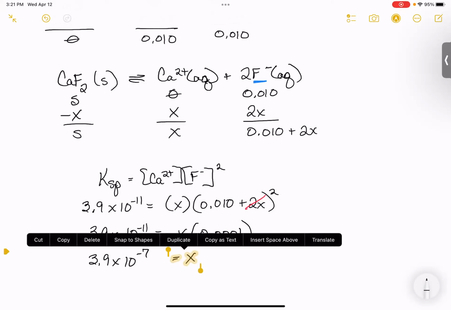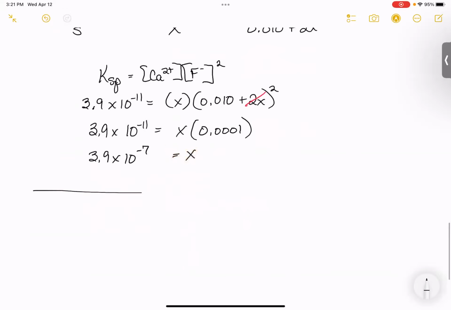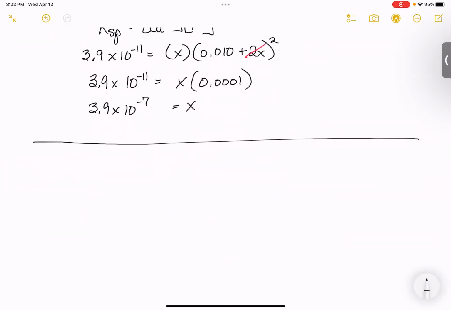Now, what does all this mean? Let's get into actual meaning. Back in chapter 12, second chapter of the semester, I think it was, we talked about saturated solution and unsaturated solutions.